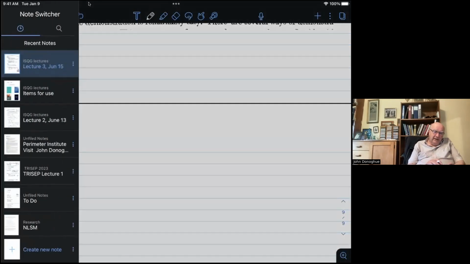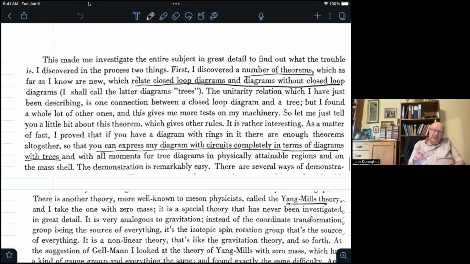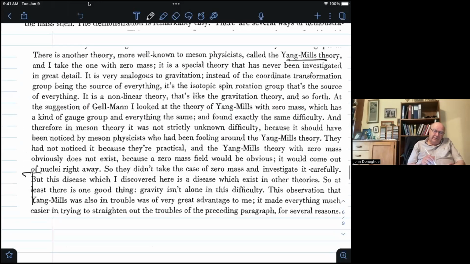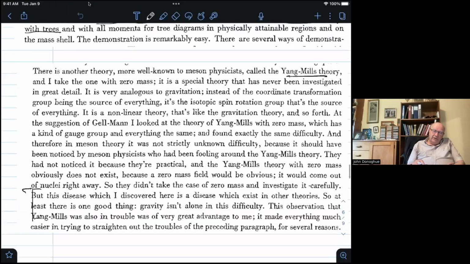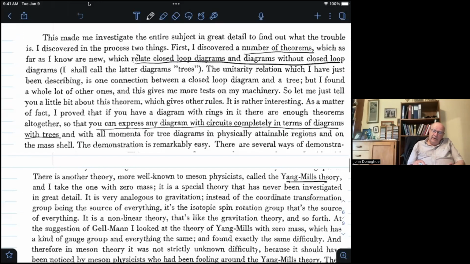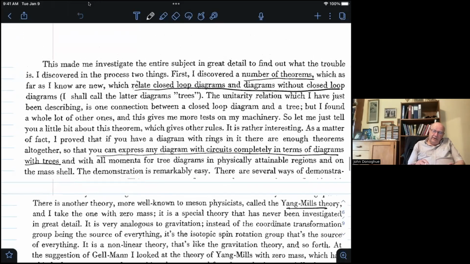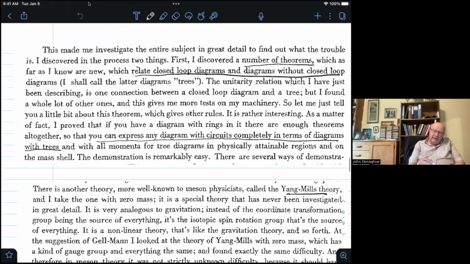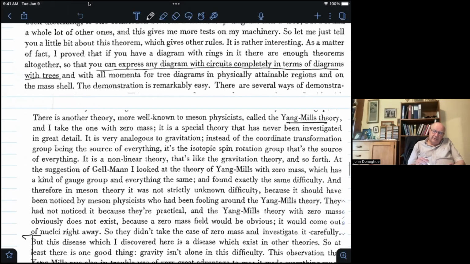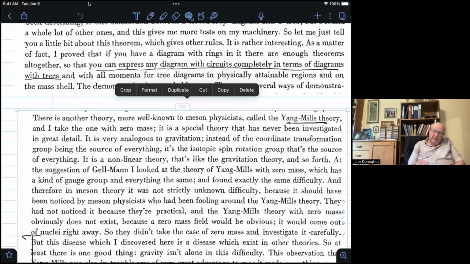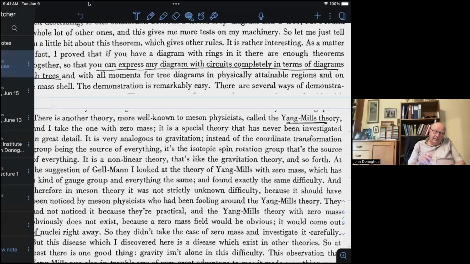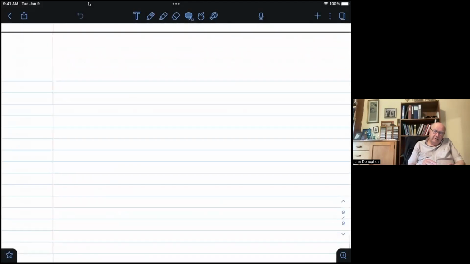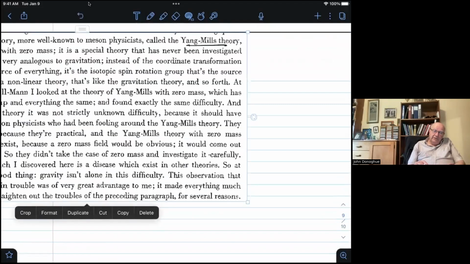Then Feynman starts doing the calculations using these diagrams. And he notices a problem.